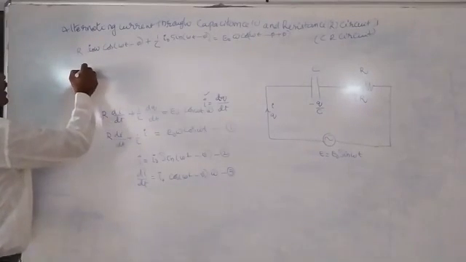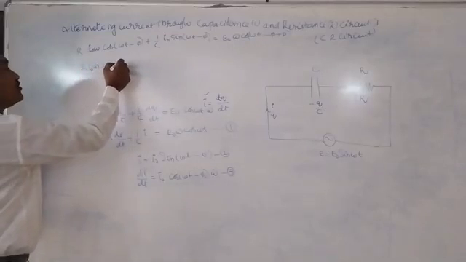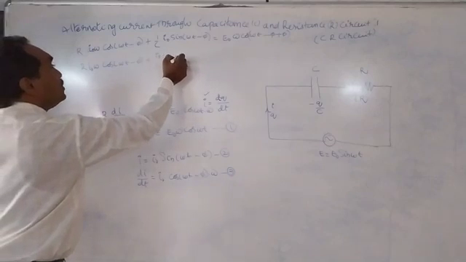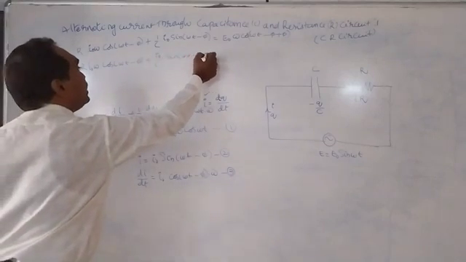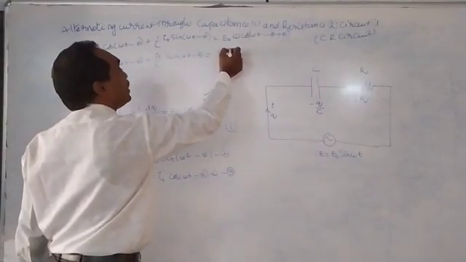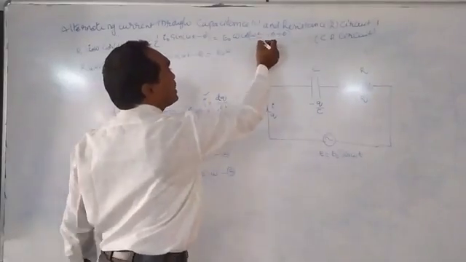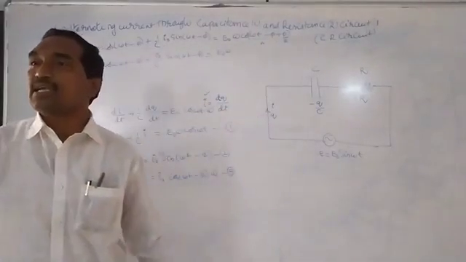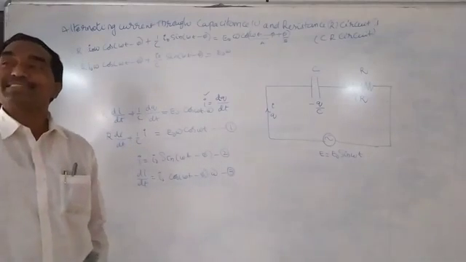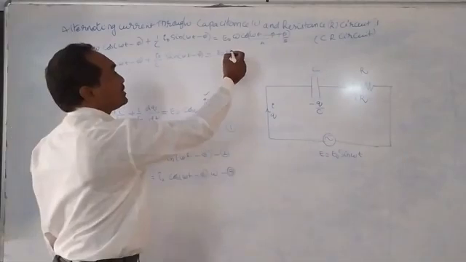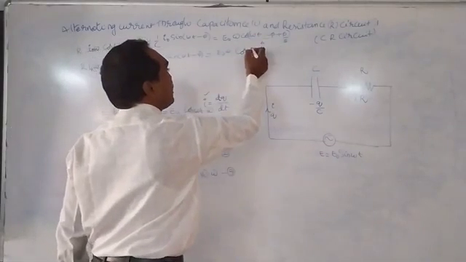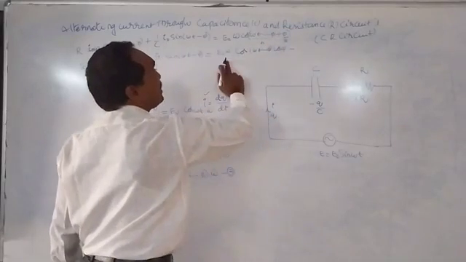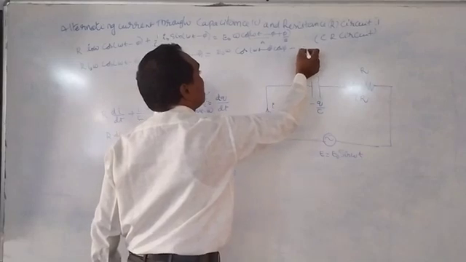Now that is R I naught omega cos(omega t minus phi) plus I naught by C into sin(omega t minus phi) is equal to E naught omega into, this may be taken as A and this may be taken as B. Cos(A plus B) is cos A cos B minus sin A sin B. Now it is cos A, that is cos(omega t minus phi) cos phi, minus sin A sin B. Sin A, that is E naught omega is already there.